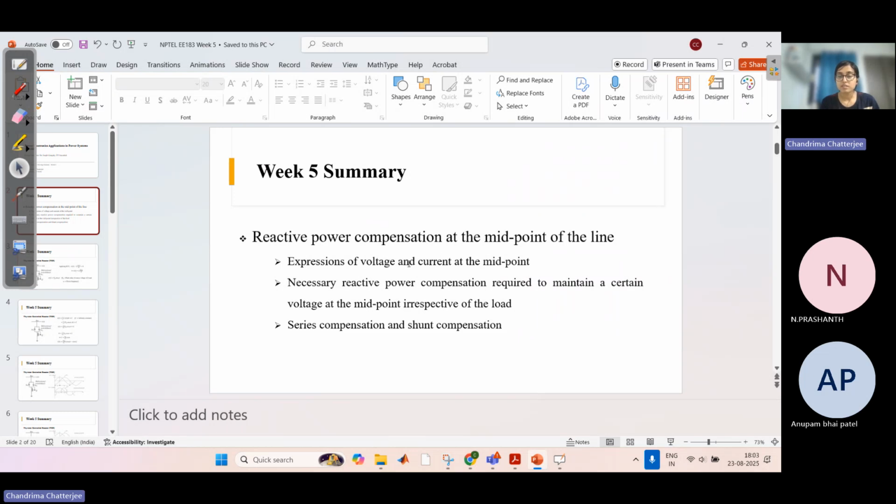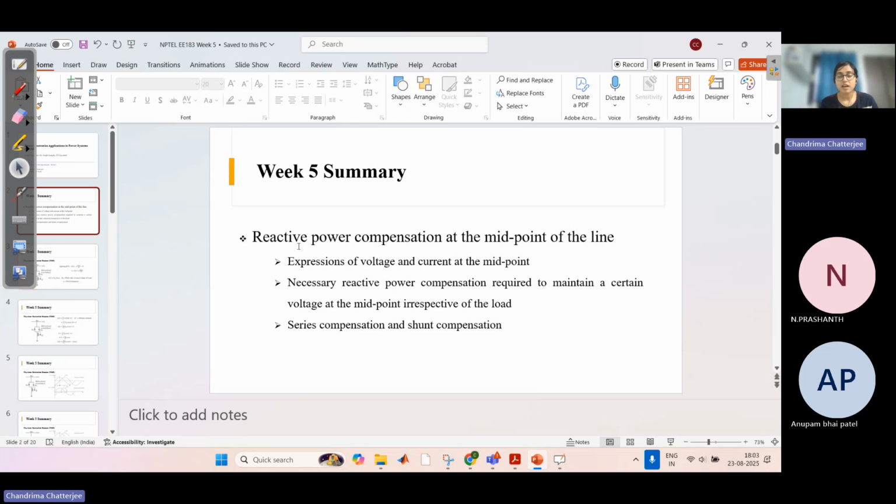During light load condition, the voltage of the midpoint rises above the rated voltage, so that is an over voltage, and towards the rated condition, when the load is high, there is an under voltage. To mitigate that, we needed reactive power compensation. So we solved different numericals on those topics.